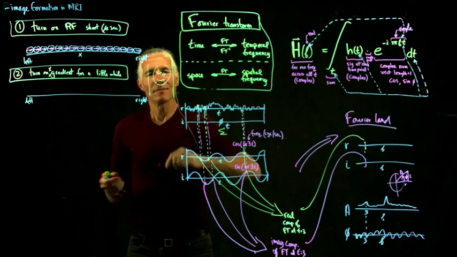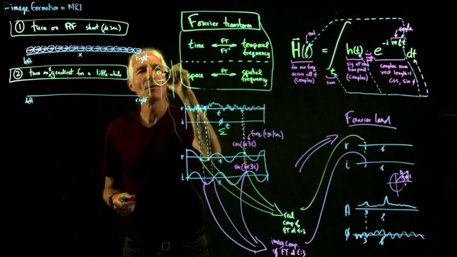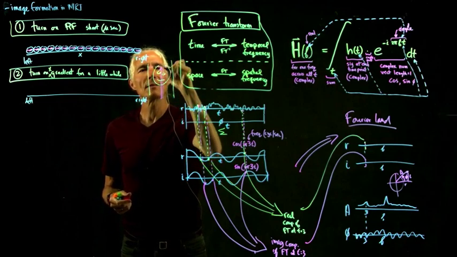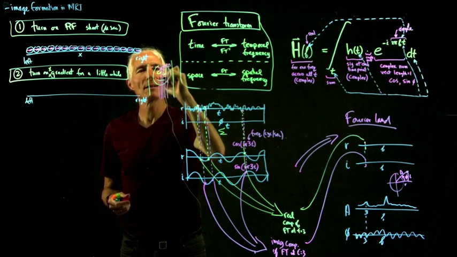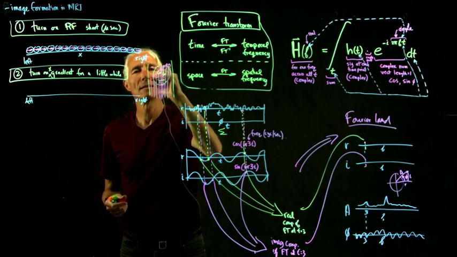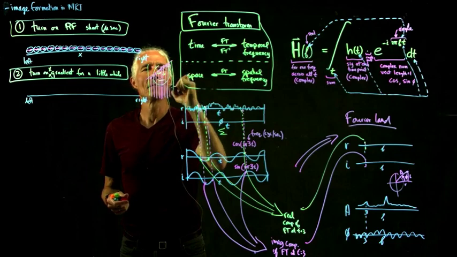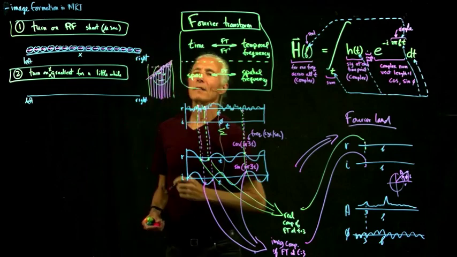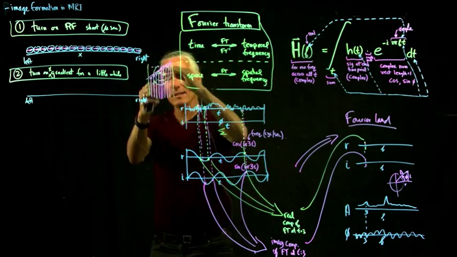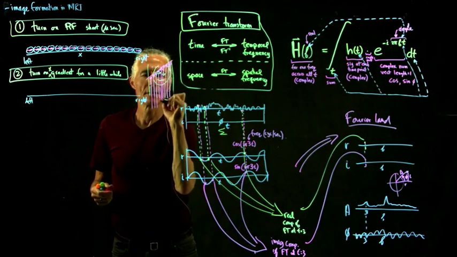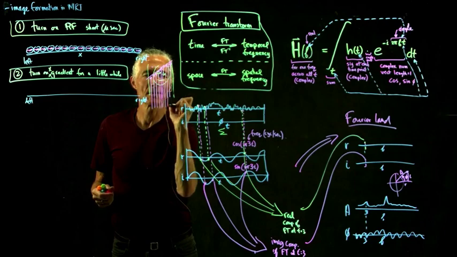If here was the B0, it just makes the B0 slightly bigger on this side of the guy's head, and it makes it slightly smaller on this side of the guy's head, like that. It just slightly changes the B0. The B0 is much bigger than the gradient, like 50, 100 times bigger than the gradient.